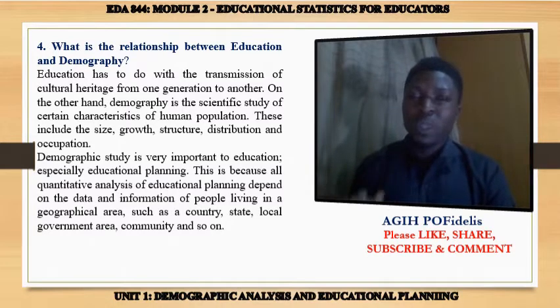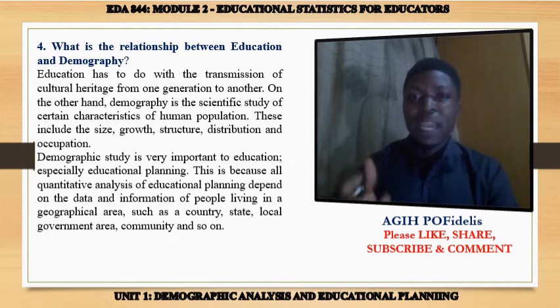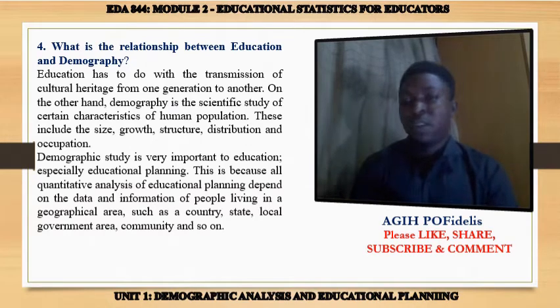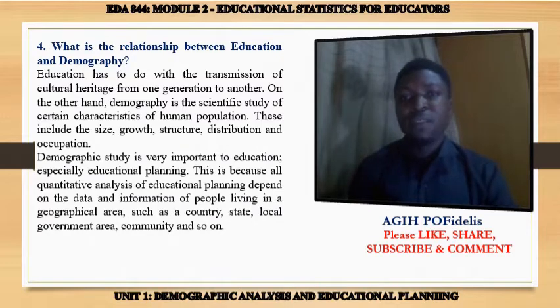Education has to do with the transmission of cultural heritage from one generation to another. We can define education as a transmission of cultural values, norms, beliefs, principles of a group of people from one generation to another. So generally, education has to do with the transmission of information, method or ways of getting things done, or the right way of doing things.